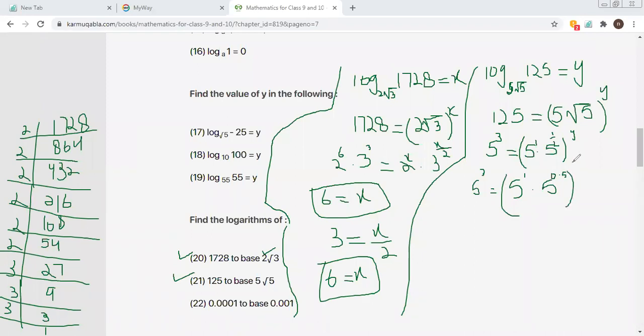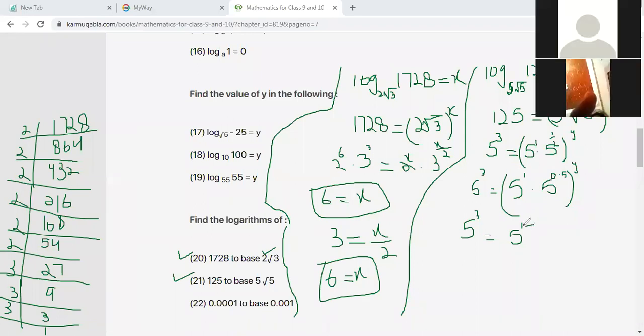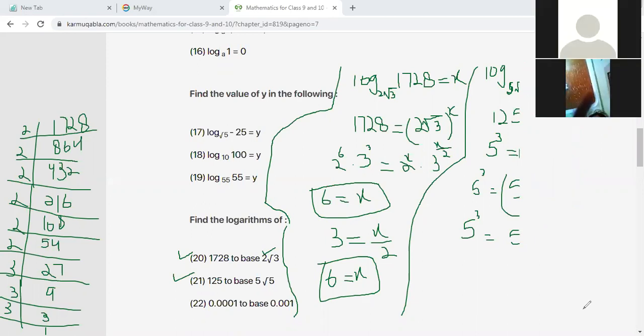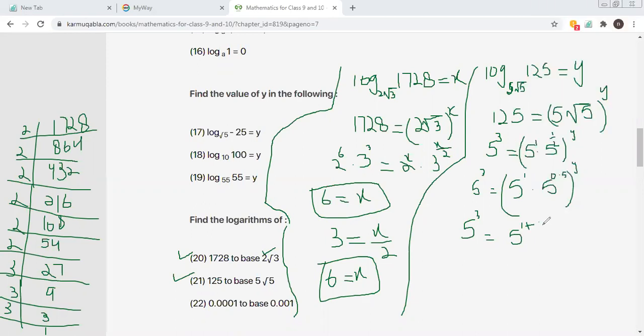And then the bases are the same, powers add. So we will write 1, it becomes 1 plus 0.5, which becomes 1.5.